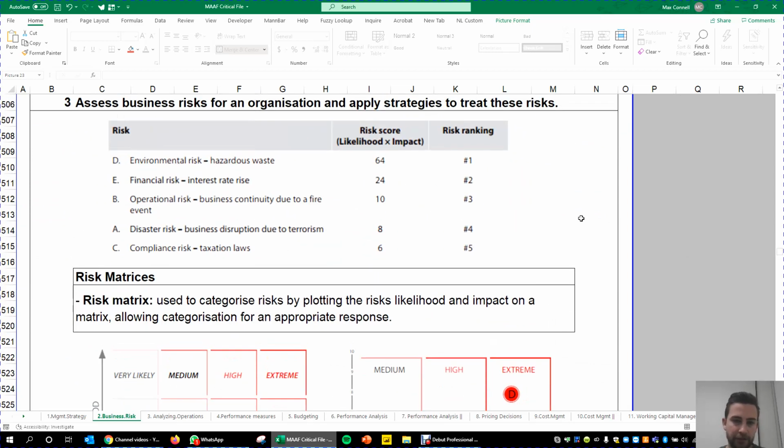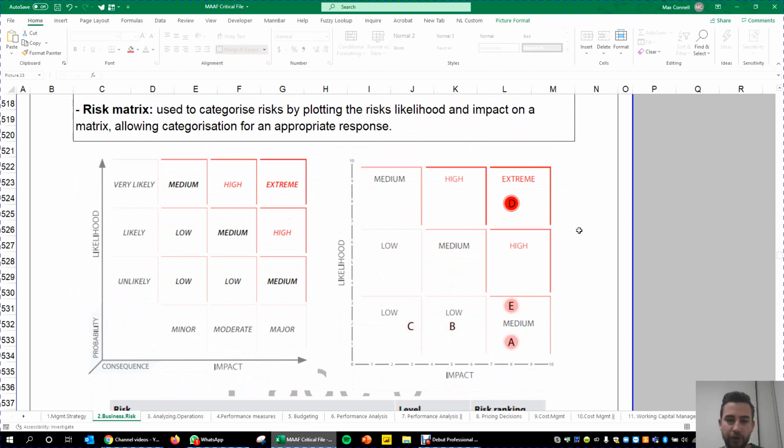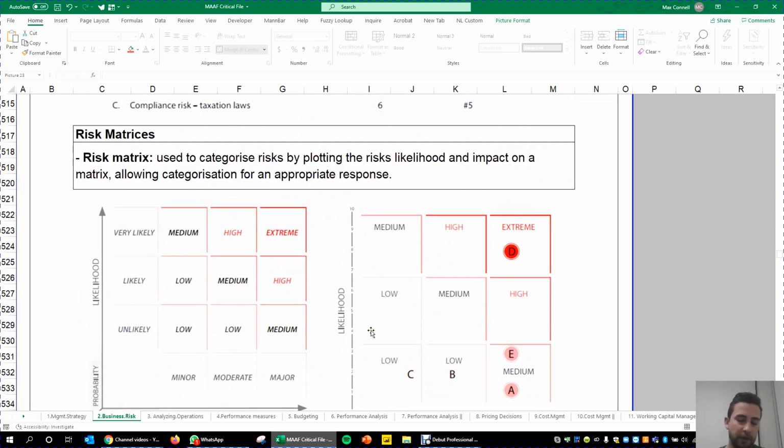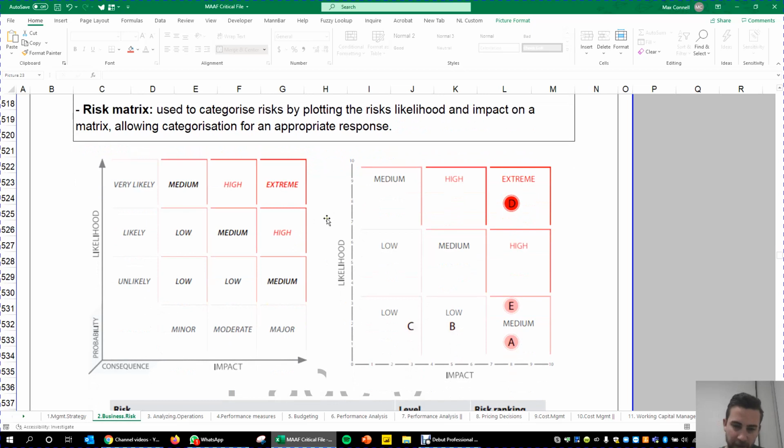Now, a risk matrix, on the other hand, is a little bit different. It's basically a visual way of looking at it. This might be a good way of doing an acquisition board write-up in your career, or any kind of board report, as a visual way of representing how risky a particular deal is. So, kind of similar.